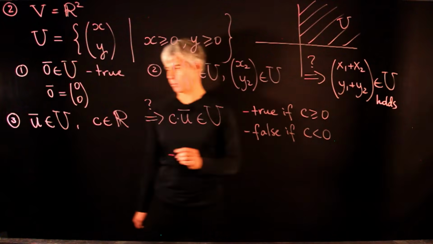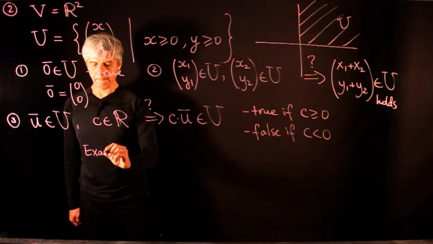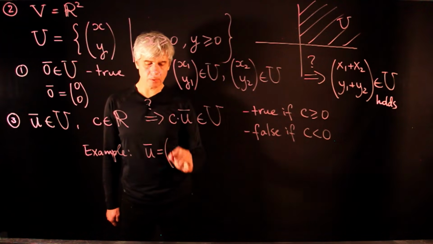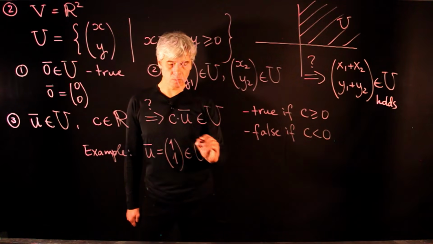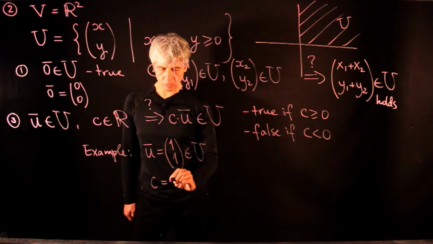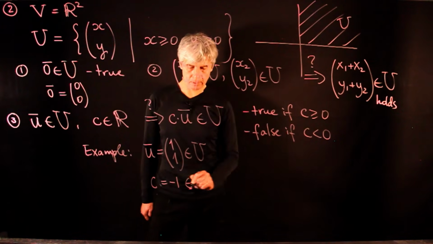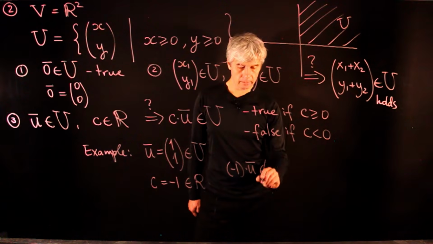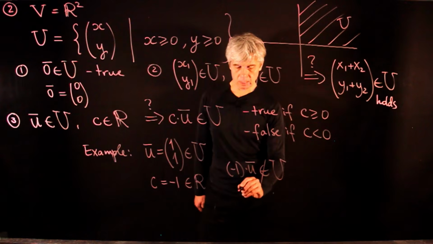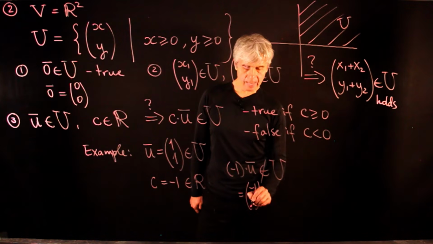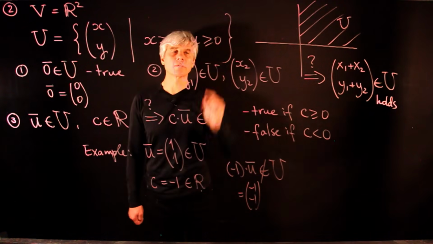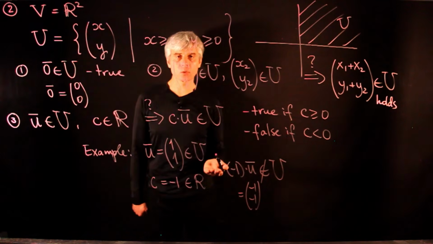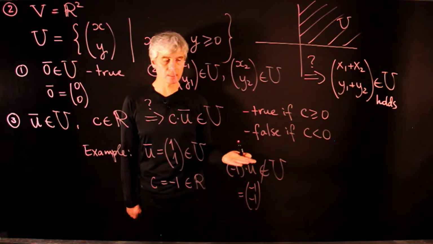So for example, if we have U to be the vector (1, 1), that's in U. And if we take C to be negative 1, that's a real number. So we have minus 1 times U is not in U, because this is the vector (-1, -1), and it does not satisfy the defining property of U. It's sufficient for the properties to fail in a single instance.